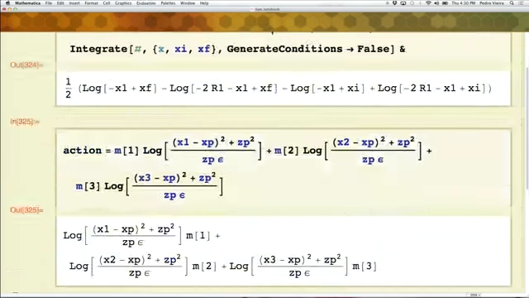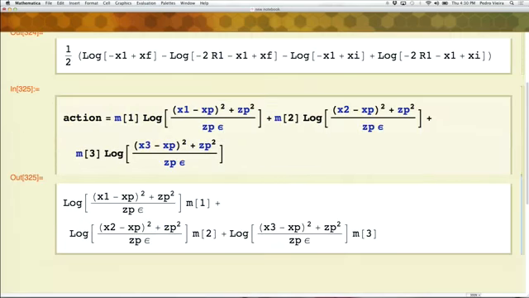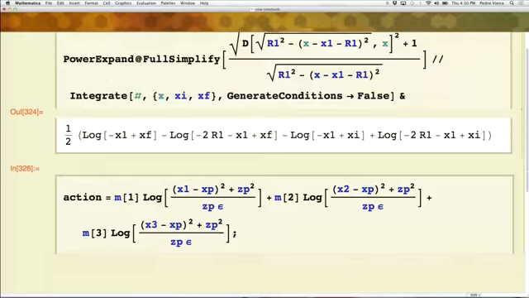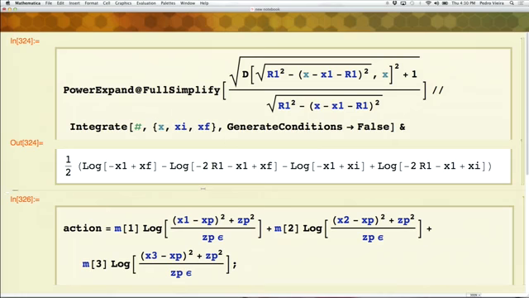Yeah, is it clear? This is what we want to do. Okay, so this is our action. This you saw already, right?